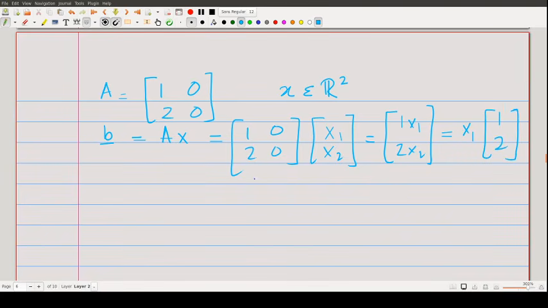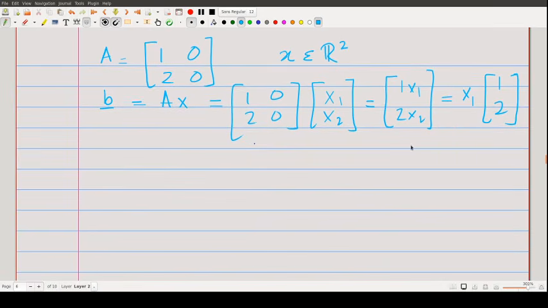And so what do we have here? This is the column space of A, so this is essentially R(A), which contains all vectors of the form.